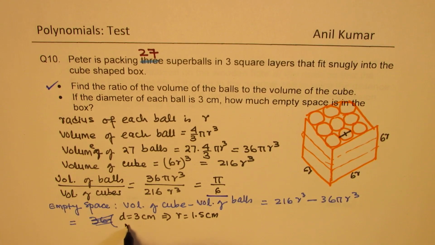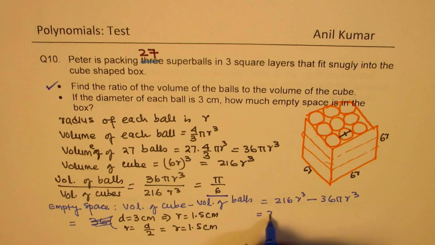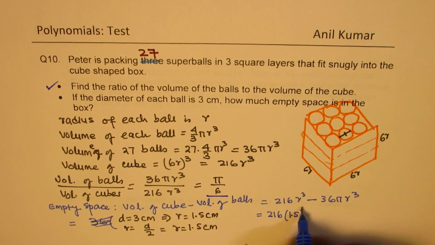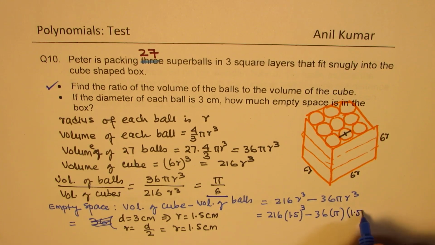Radius is half of diameter, right? So the radius is 1.5 centimeter. So we're going to substitute this value and calculate. So we have 216 times 1.5 cube minus 36 times pi times 1.5 cube.